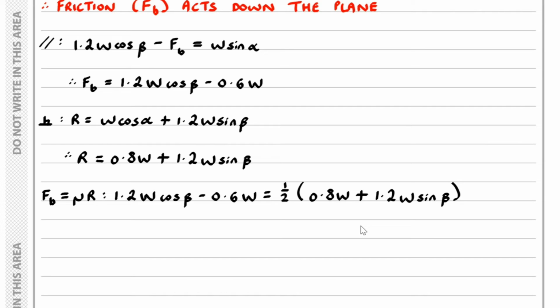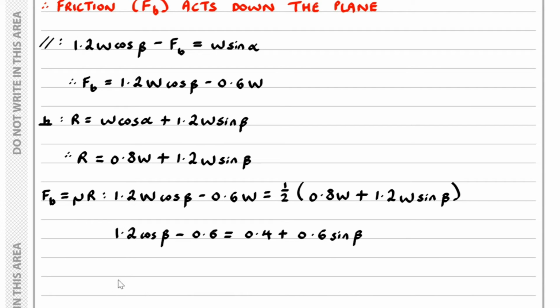And so, recognizing the W's cancel, we have 1.2 cos beta minus 0.6 equals 0.4, that's a half times 0.8, plus 0.6 sine beta.